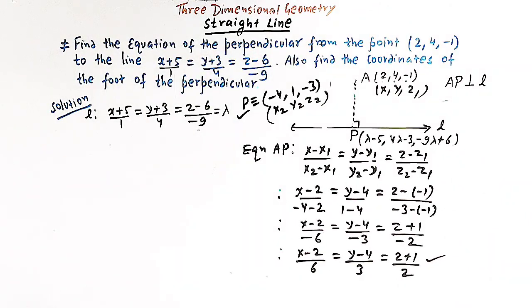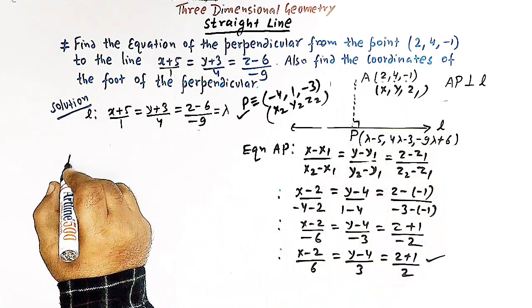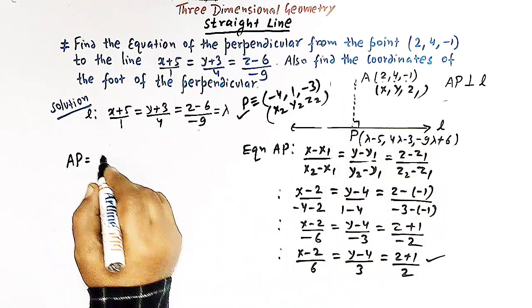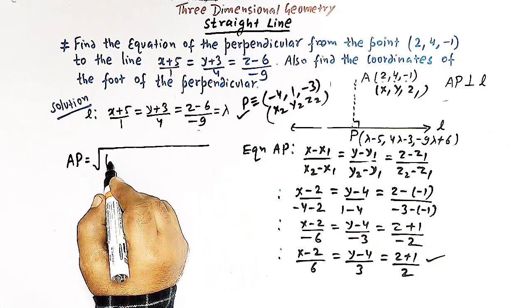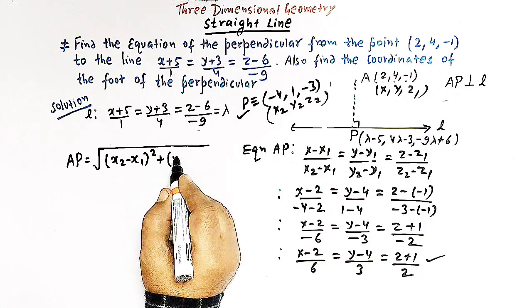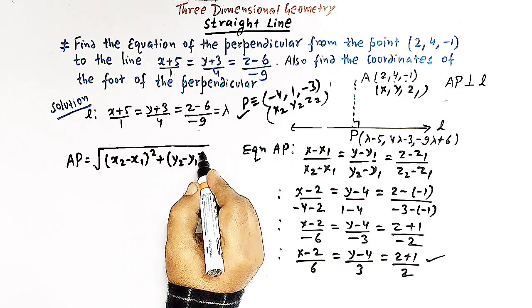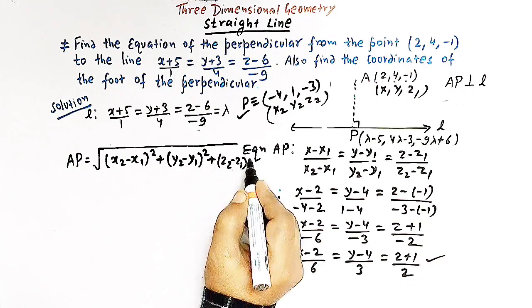Now we can also find out the length of the perpendicular AP by using the distance formula. So AP is given by square root of (x2 minus x1) square plus (y2 minus y1) square plus (z2 minus z1) square.